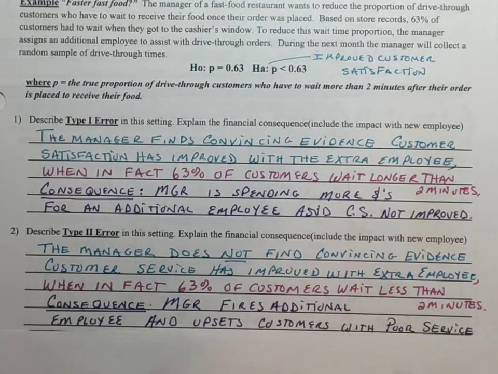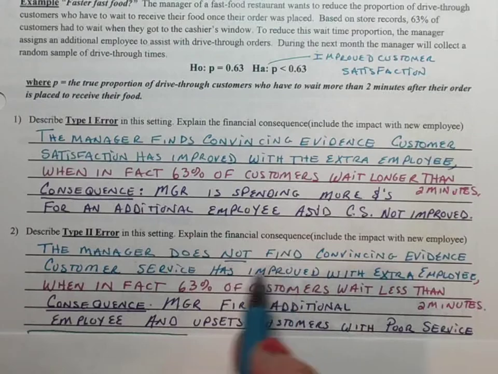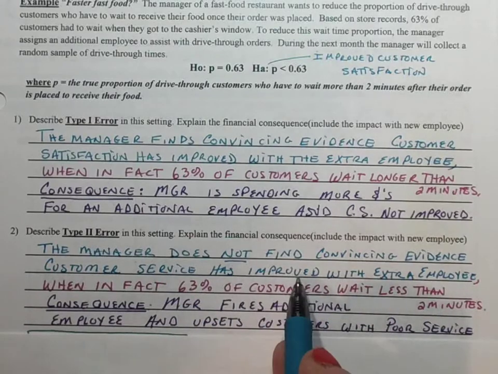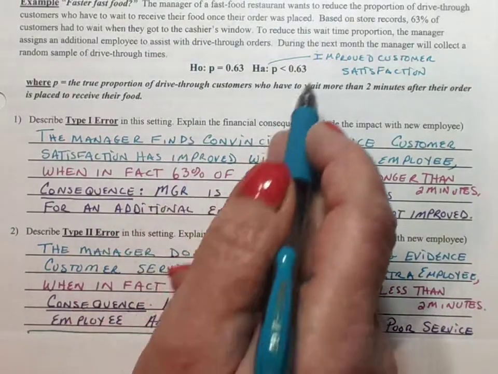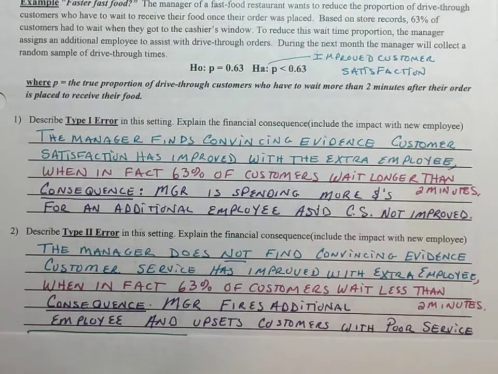So what's the problem here? Well, the manager is going to fire that additional employee because we found that there's no evidence that we need them. And we're going to upset customers with poor service.